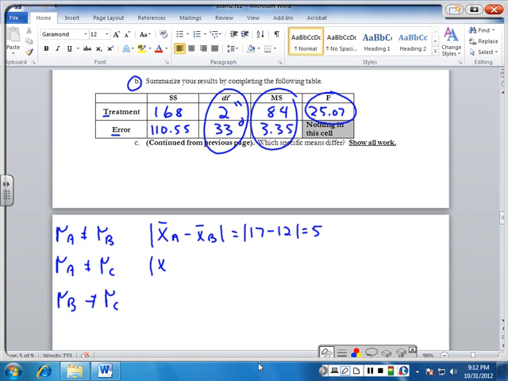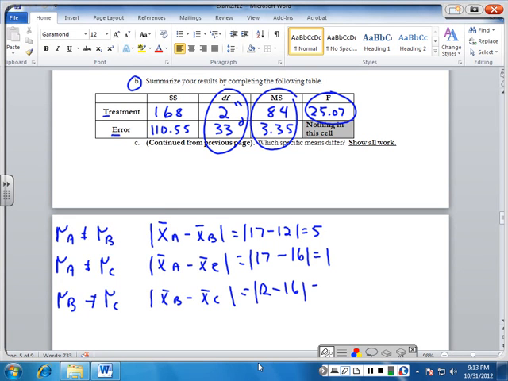Then X bar A minus X bar C is equal to 17 minus 16, which is 1. And then X bar B minus X bar C is equal to the absolute value of 12 minus 16, or 4. So that's how far apart the sample means are.